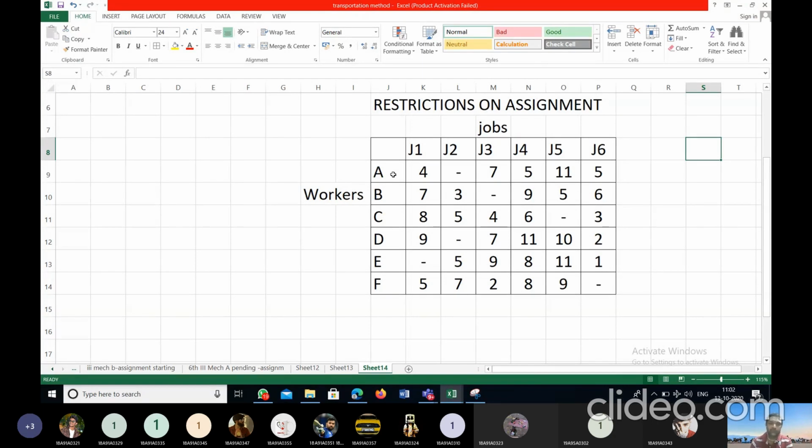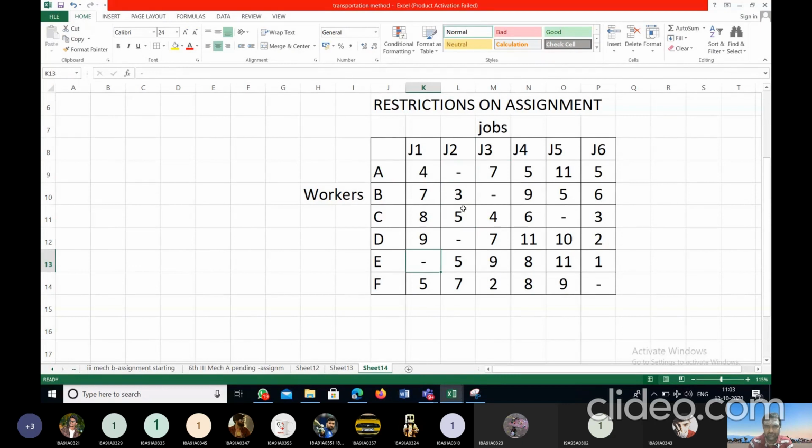So why we are restricting? Can any student unmute and tell me? We are restricting some workers not to be assigned a particular job. So see, worker A was restricted J2. So J2 job should not be assigned to A, and J3 job should not be assigned to A and D also, right?